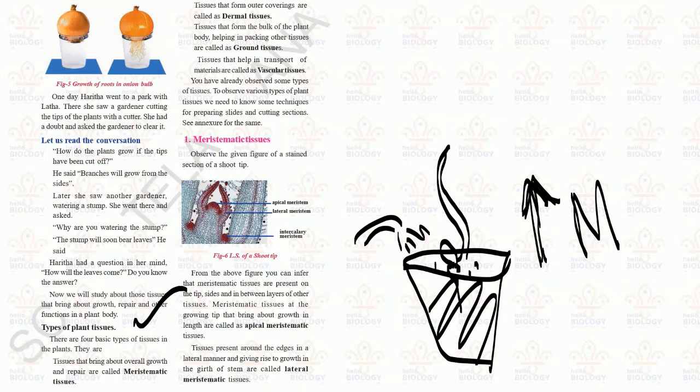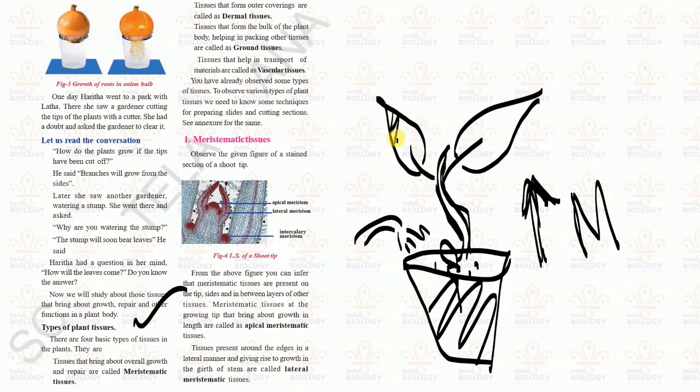After that, this layer is covered by a protective sheath, and then leaves will come. Leaves also will be covered by a small layer, and this small plant will be covered by a small green bark. That is called dermal tissue.